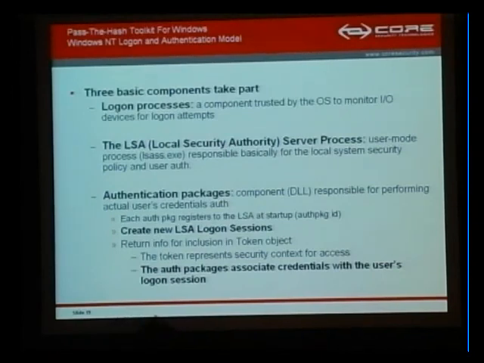Then you have the LSA, the user mode process in Windows that is in charge of system security policy and user authentication. And then you have the authentication packages. The authentication packages are the components that perform the actual authentication. For example, there are authentication packages for NTLM, for Kerberos, and things like that.